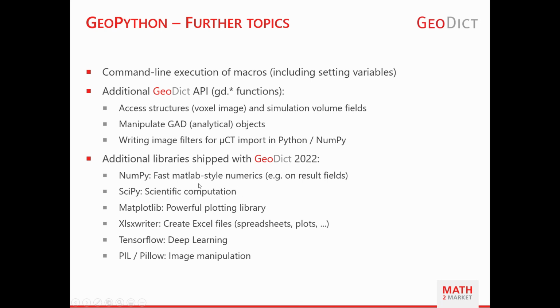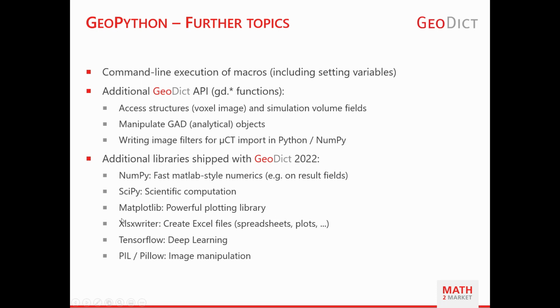For example, it has some optimization routines, which we also use ourselves, which could be interesting if you run an optimization beyond the simple bracketing scheme that I showed you earlier. Then, of course, there's Matplotlib. Again, you will find a lot of documentation about all of these libraries online, especially the first three here.